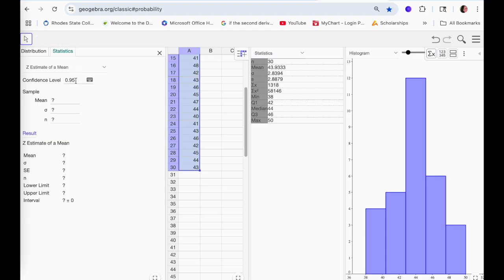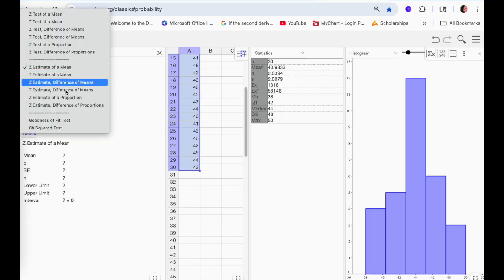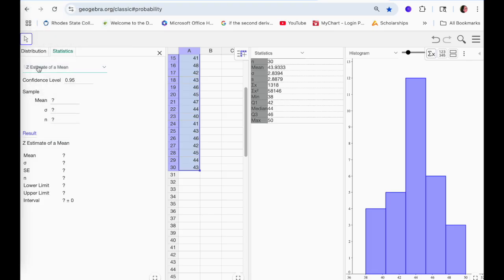So I'm going to start entering in my information for my confidence interval. Don't forget to check to make sure you're on the right drop-down option. If you're on the wrong one, you'll get the wrong answer. So we're doing a 90% confidence interval. The mean is what we just got, which is 43.9333. That was right here.